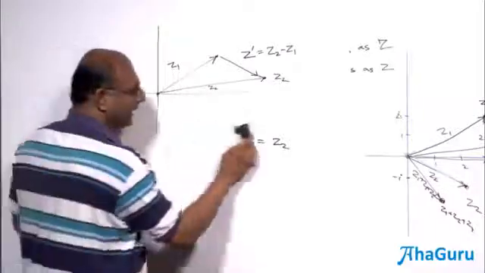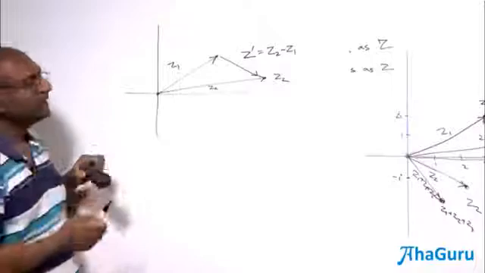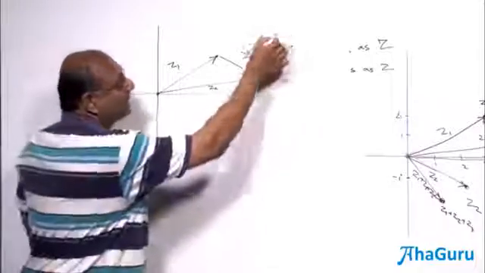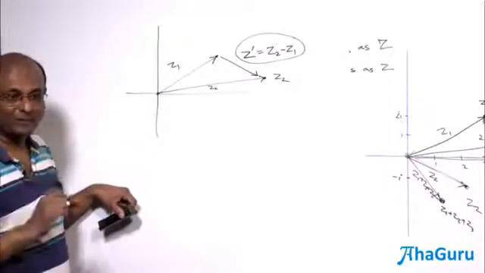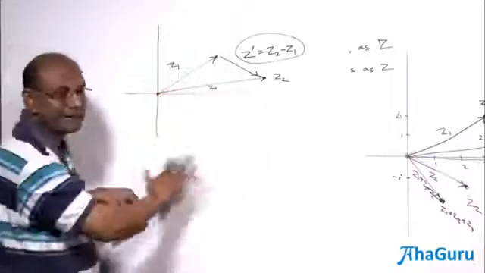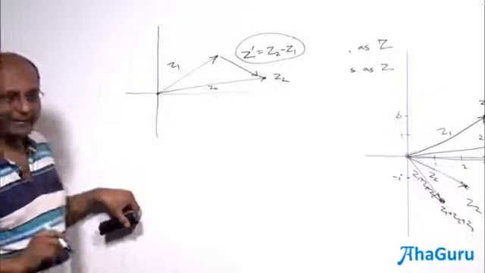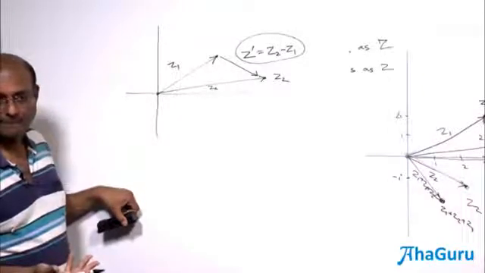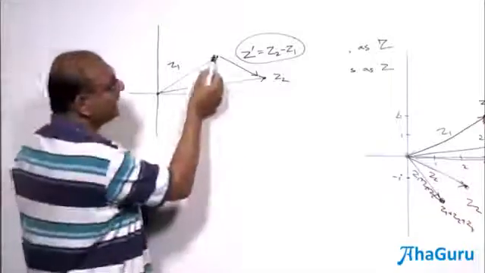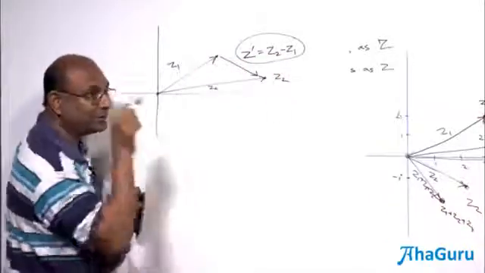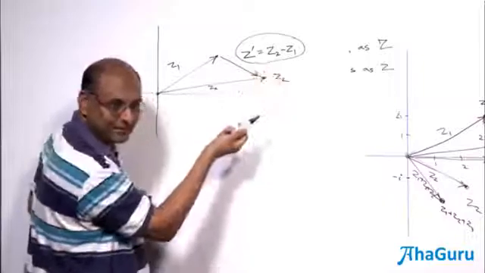Right? Okay. Now the question is, if I ask you, where is this point? Where is this Z dash? Z2 minus Z1. Show me the Z2 minus Z1 point on this plane. Where is it? You understand my question? This arrow is Z2 minus Z1. But this is also a complex number.